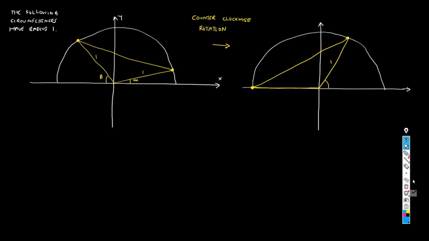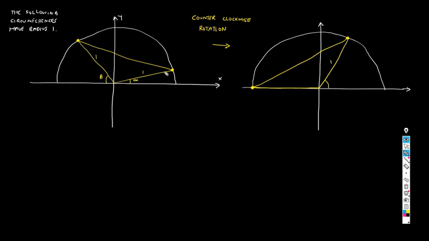But let's analyze each of these two diagrams. First, this one. What do we have in here? We have a circumference, like I said, of radius 1. So this is radius 1. And we have a triangle inserted at the center of the circumference. Like I showed you in the video, we can form this angle alpha and this angle beta.